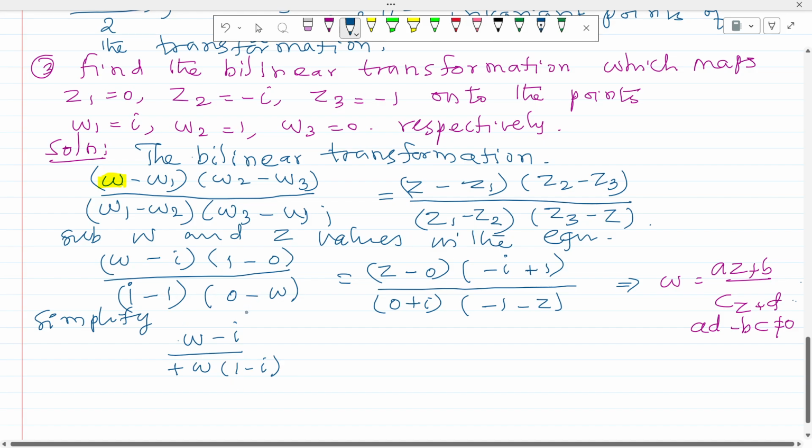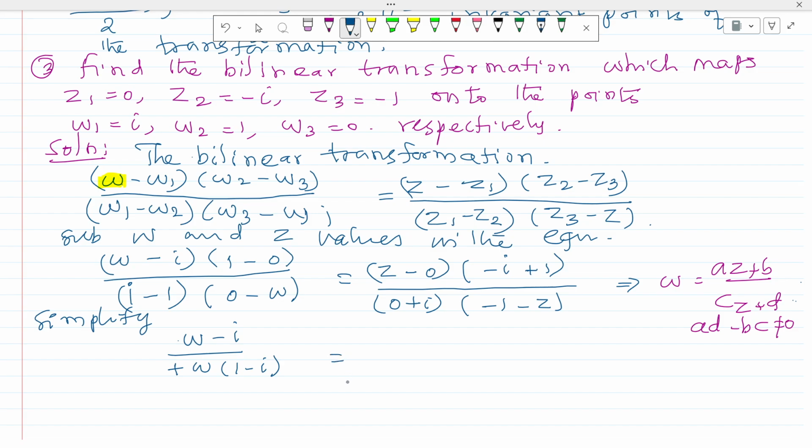Keep it that minus as plus, equal to Z minus 0 is there. Z. And then 1 minus I once again. 1 minus I divided by plus I is there. Minus 1 minus Z is there.